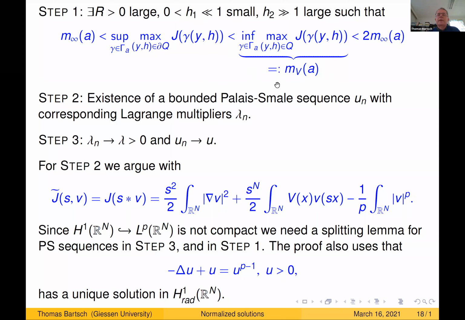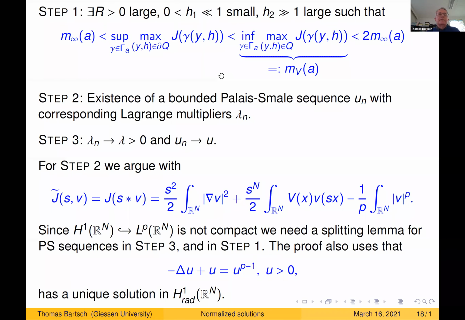In addition, with our assumptions, this value is bigger than the mountain path value, but it is less than twice the mountain path value. So this is, of course, where our assumptions on V enter, on the L infinity norm of V.